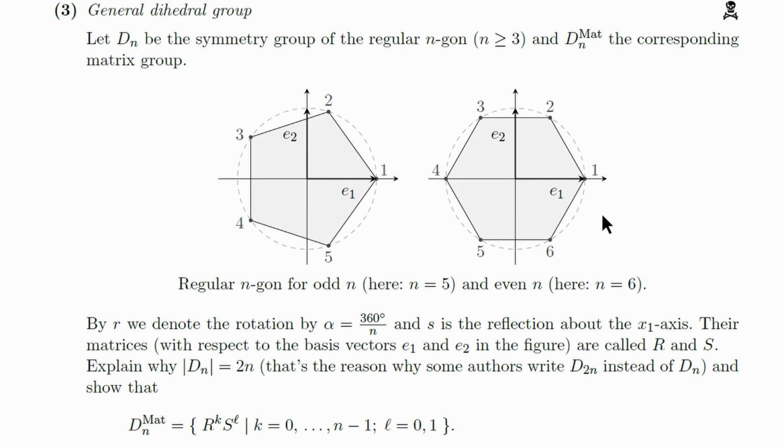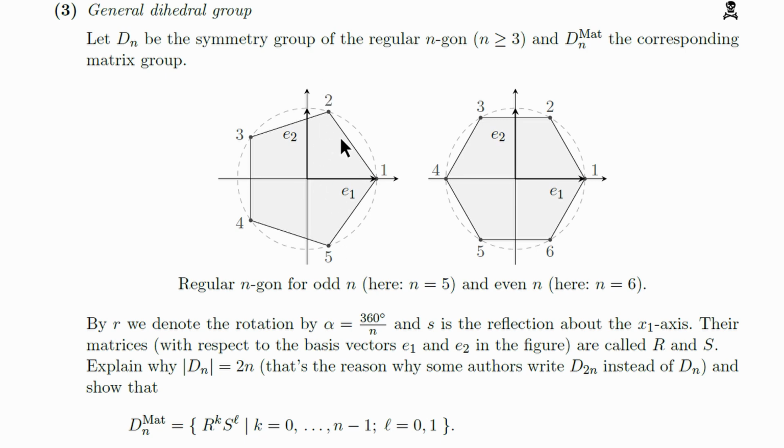So, as always, R denotes the rotation by 360 degrees over n, or 2 pi over n, and S is the reflection about the x1 axis. And if I draw the n-gons like that, this is always a symmetry.